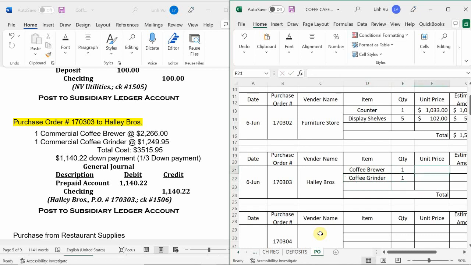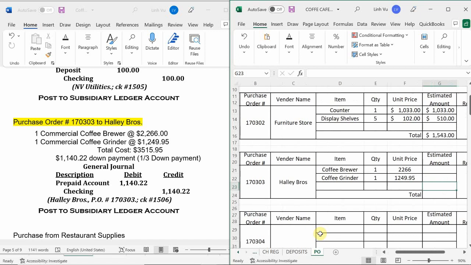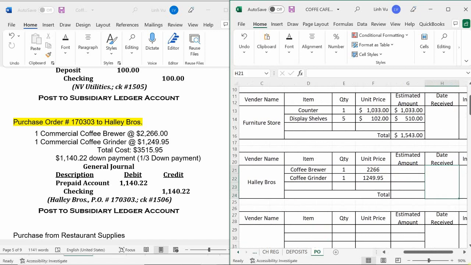Now, in this case, the unit cost for the coffee brewer is $2,266, while the coffee grinder is only $1,249.95. Okay, so let's go ahead and tally up these totals here.